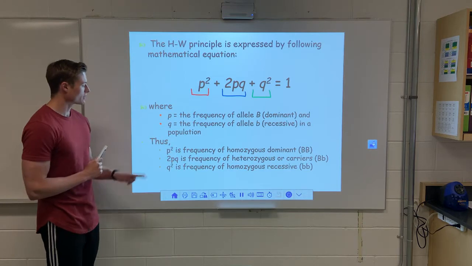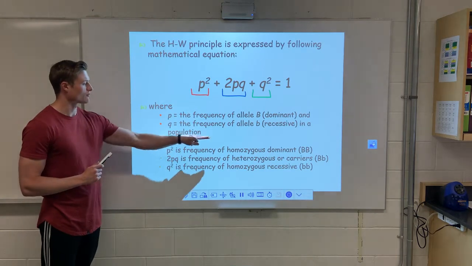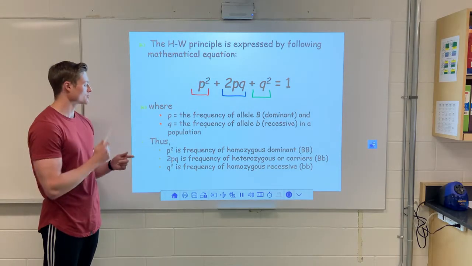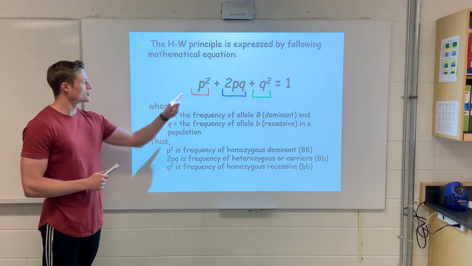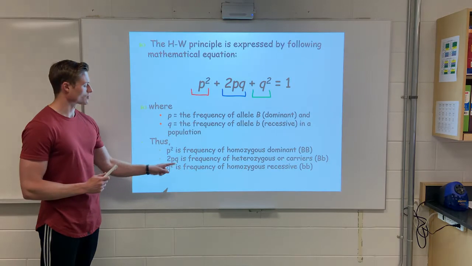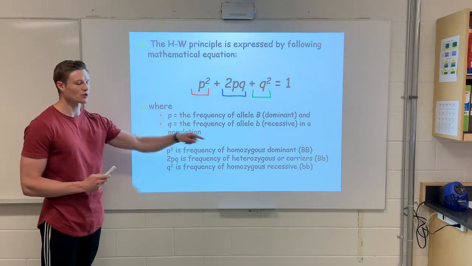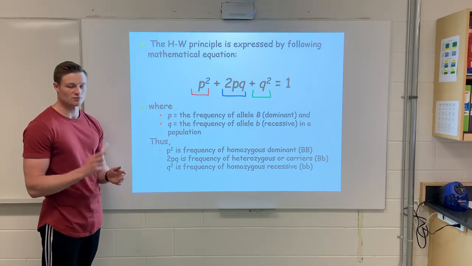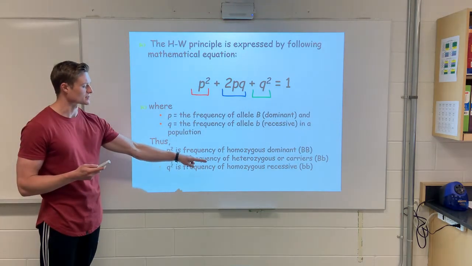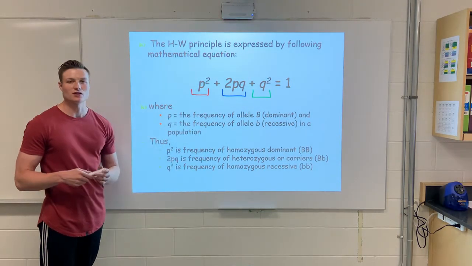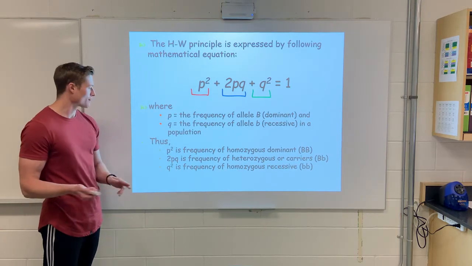P squared is taking the frequency of the homozygous dominant individual. So when you solve for p squared, you're solving for big B, big B. 2pq solves for the frequency of the heterozygous or carriers, so big B, little b. Q squared is the frequency of the homozygous recessive, so that would be the little b, little b.